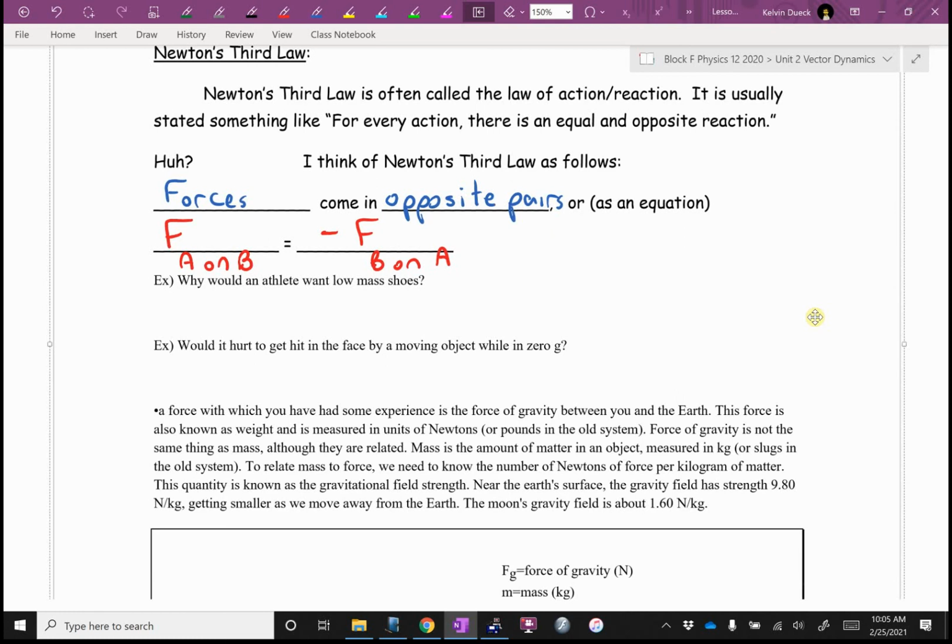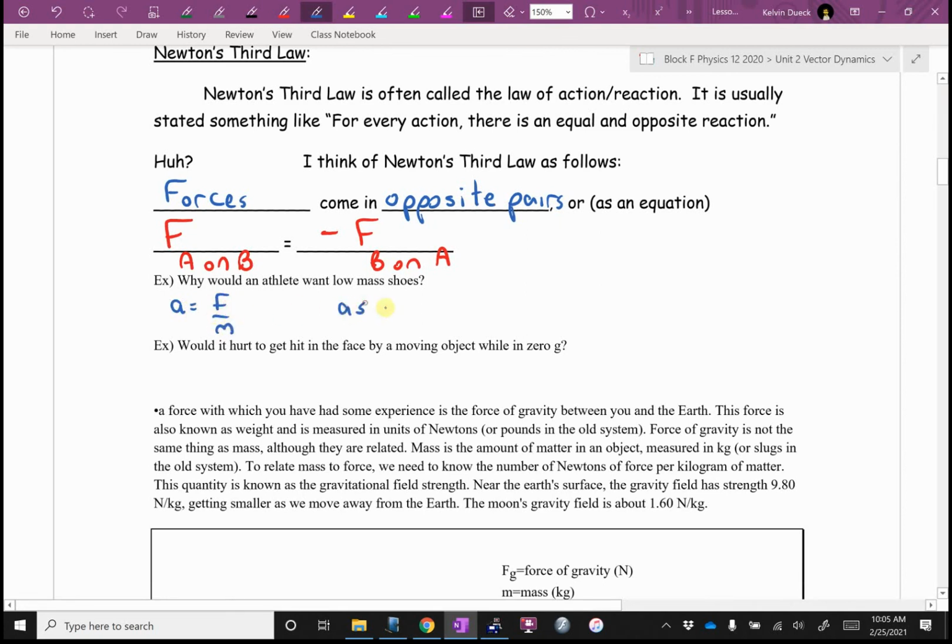But for the rest of us, why would an athlete want low mass shoes, especially if you're in the 100-meter sprint, let's say? Why would you want your shoes to have as little mass as possible? Have more acceleration. How would that work? You know what? Let's get the A by itself. F equals what? So A equals... Let's write that down.